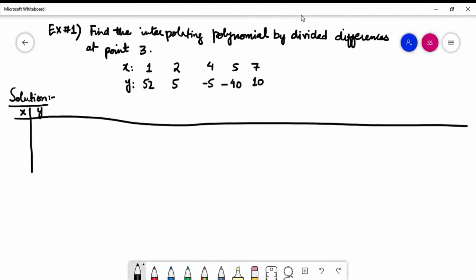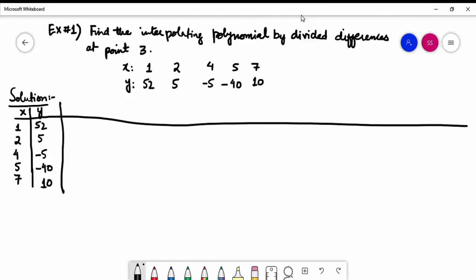Now x0 is equal to 1, x1 is equal to 2, x2 is equal to 4, and then 5 and 7. So there are basically 5 points, and my y points are given as 52, 5, minus 5, minus 40, and 10.